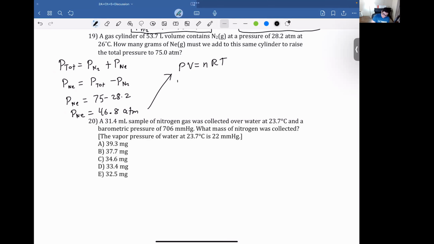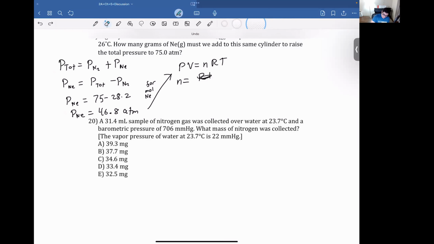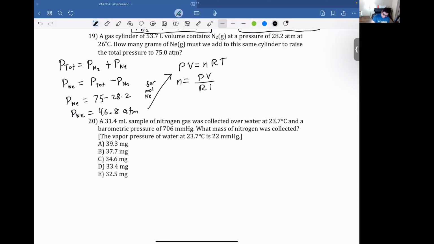So the moles of neon we want is going to be equal to the pressure contributed by neon times the volume of the container divided by RT, by algebra. You can plug this in. The pressure is 46.8. The temperature is 299.15.